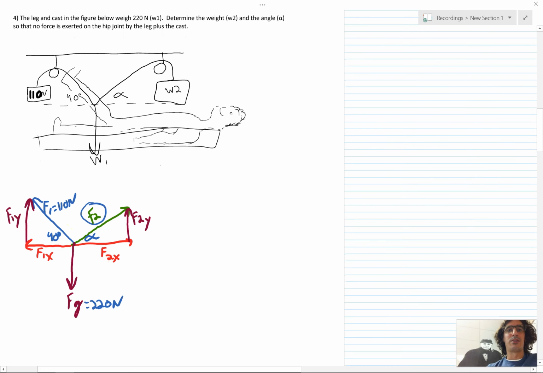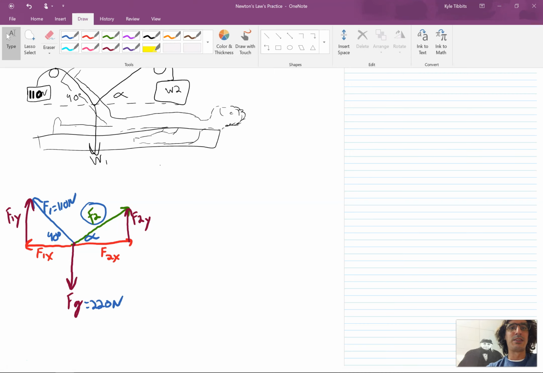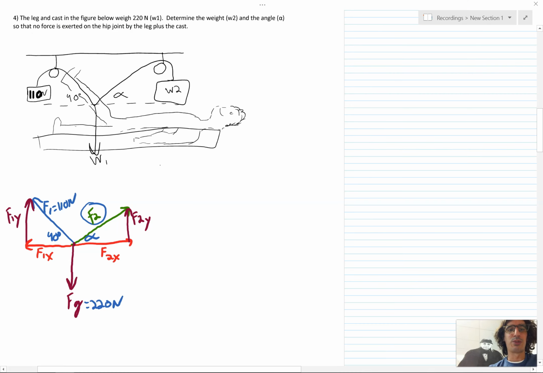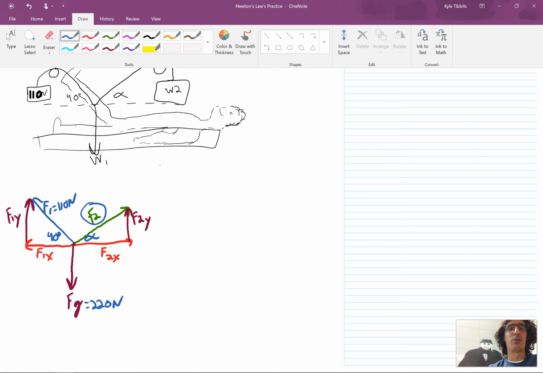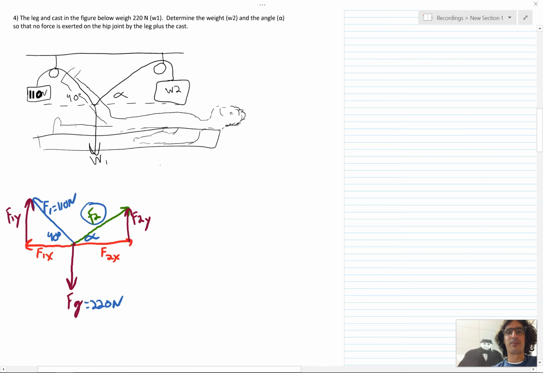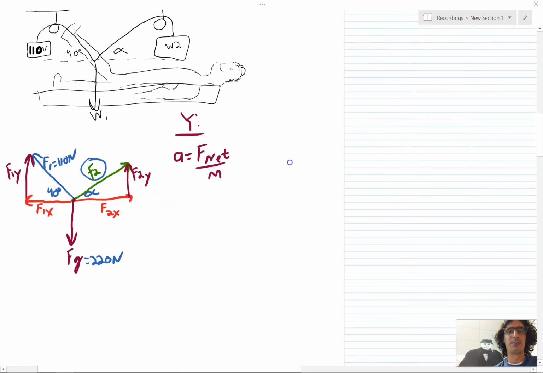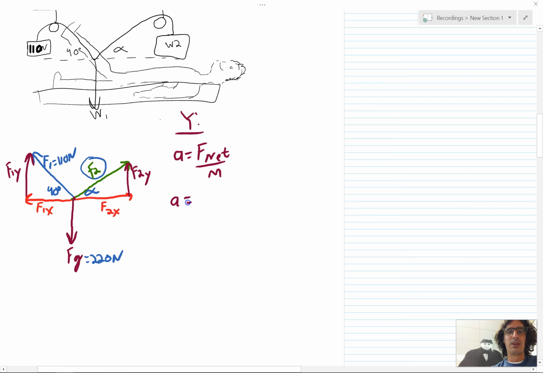Because the person, or the situation, is not accelerating, let's set this up like we did for the previous problem, where we analyze this both vertically and horizontally. The order doesn't matter, but we'll be consistent and start with the vertical aspect first. Same thing, begin with Newton's second law, a equals F net over m. And we're looking at just the vertical forces.